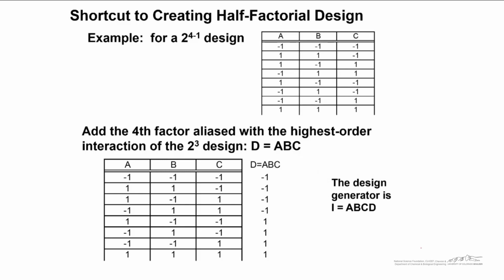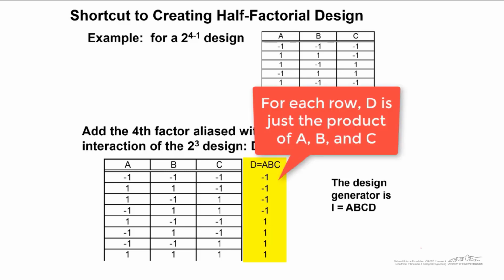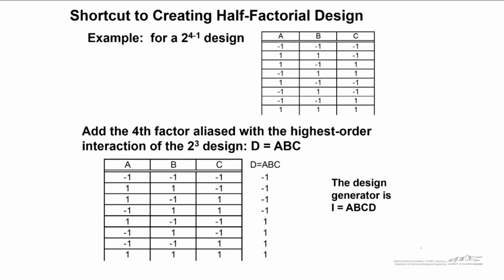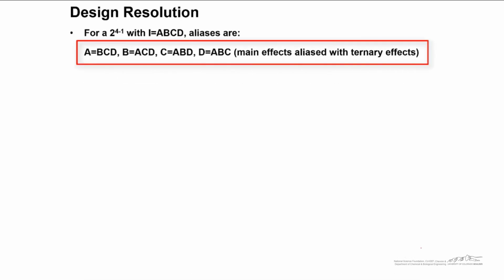That means in order for us to determine whether or not D should be at the low level or high level in these 8 different experiments, we can just calculate that by D equals the product of ABC. That's easy to do in Excel, so we can easily calculate this column of the coded variables for factor D. For a 2 to the 4 minus 1 with I equals ABCD, the aliases are A equals BCD, B equals ACD, and so on.